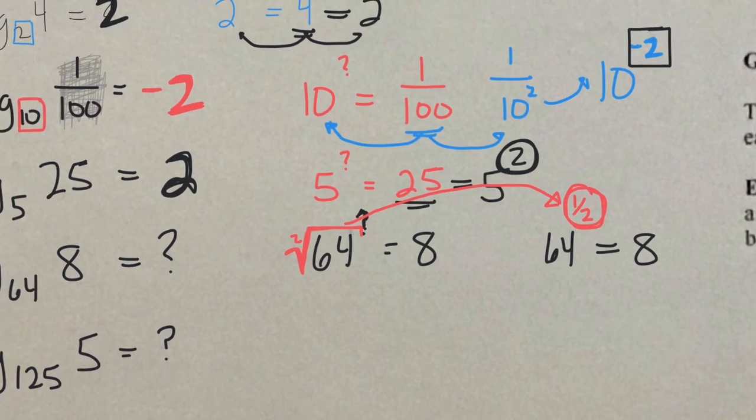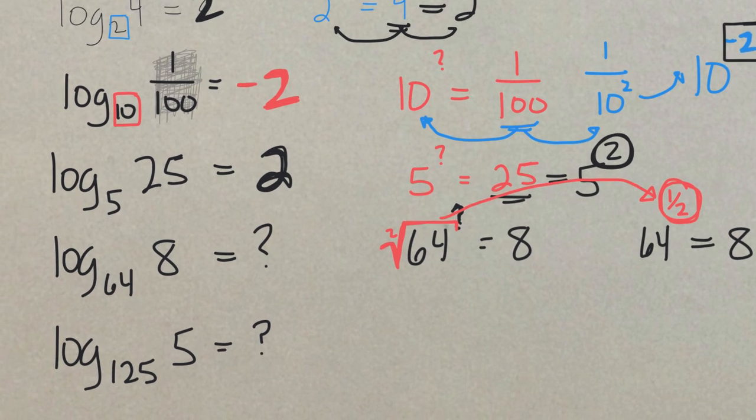Anytime we are simplifying by rooting, taking a square root or a third root, we're going to get a fraction as the answer. So this is going to be the 1/2 power. It will always be a fraction. It will not always be 1/2. It's only 1/2 when you take a square root.